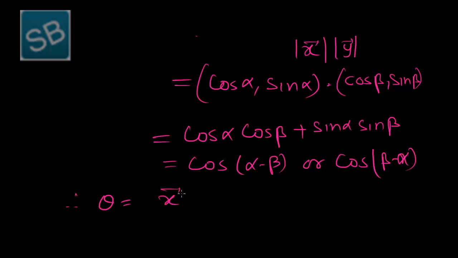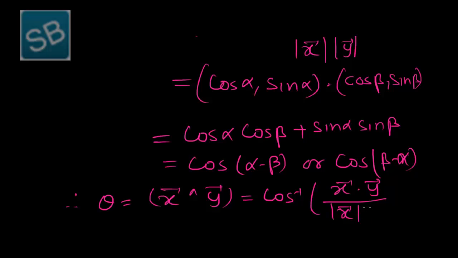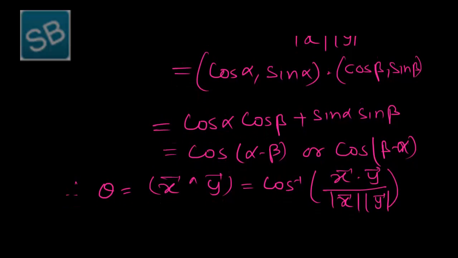That is, theta is the angle between vector x and y, which is equal to cos inverse of vector x dot y over modulus value of vector x modulus value of vector y, as alpha minus beta is theta.